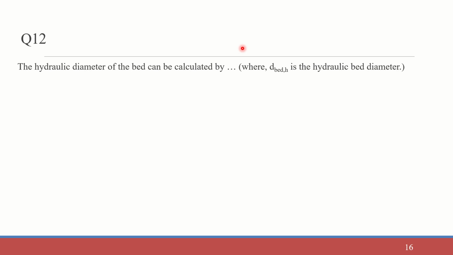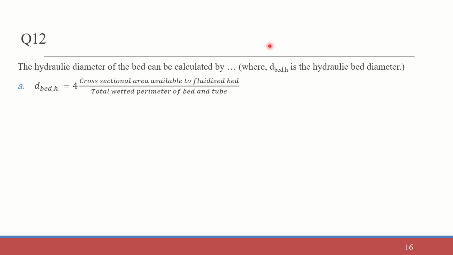If there are internal features in the fluidized beds, like tubes for efficient heat transfer mechanisms, how can we calculate the hydraulic diameter of the bed? We need to identify the formula for that.